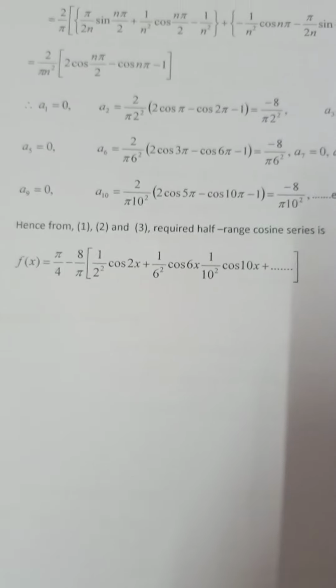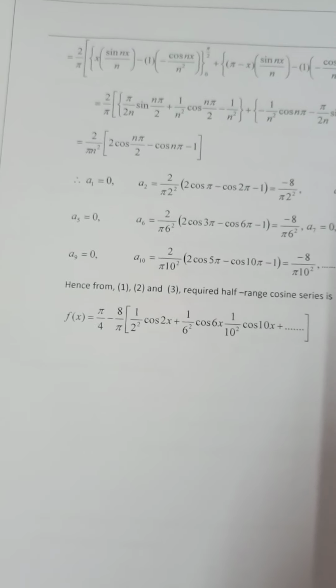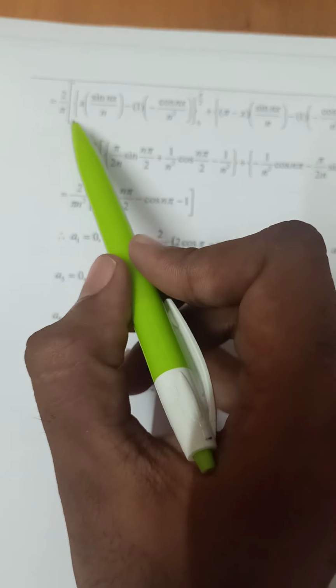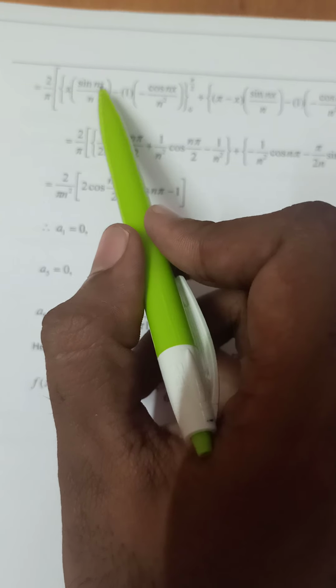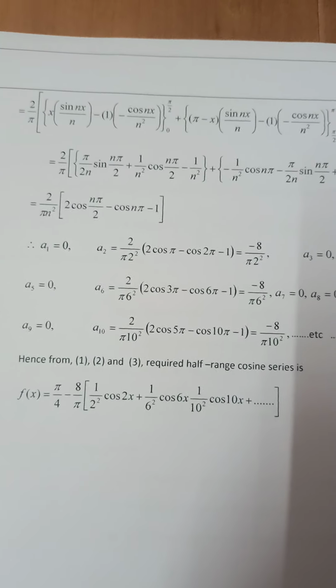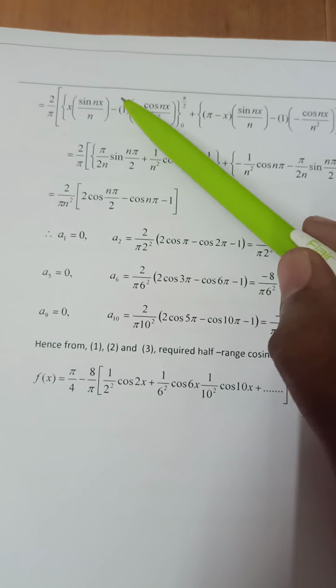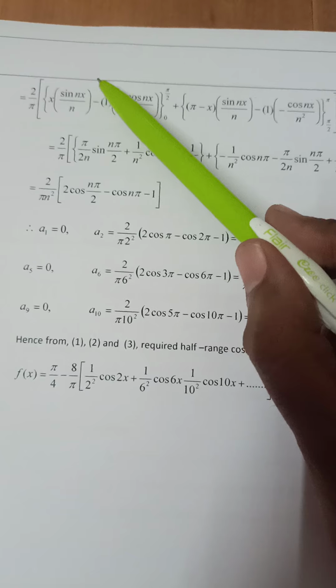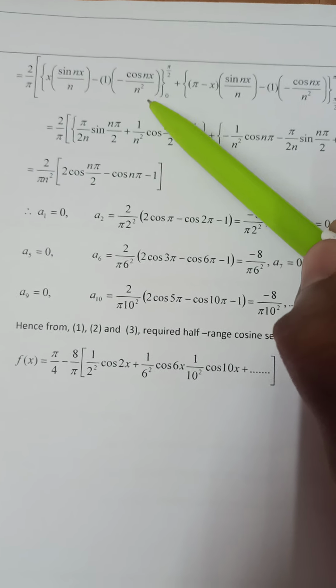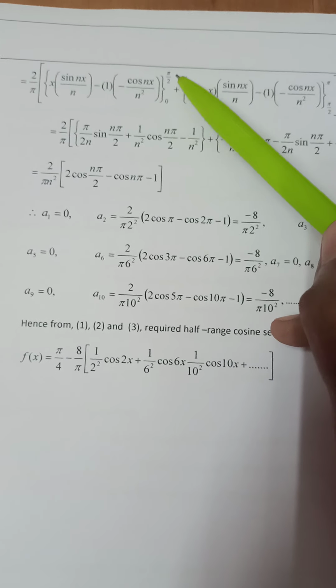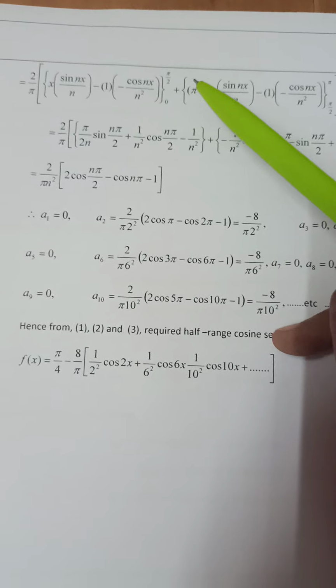Again we have to integrate by parts here, that is 2 upon pi, x into sine nx upon n, then the derivative of x, that is 1, and the integration of the second term, that will be cos nx upon n square. The limits are from 0 to pi by 2.